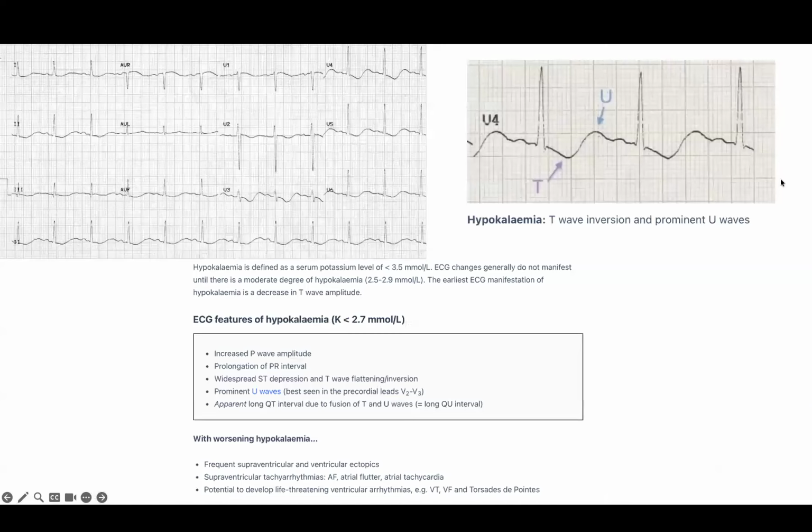These are like the no-mistake-to-be-made ECGs. All right. So this is a typical hypokalemia related ECG. So you see T wave inversions, then U waves also being present. The other features that can be there are increased P wave amplitude, prolongation of PR, widespread ST depression and T wave flattening or inversion, and prominent U waves.